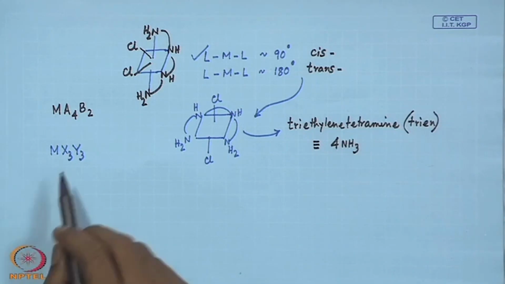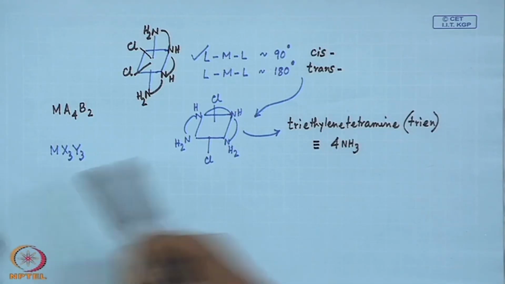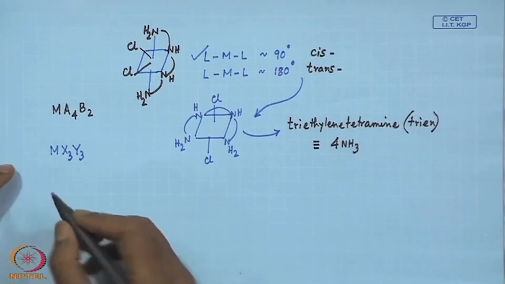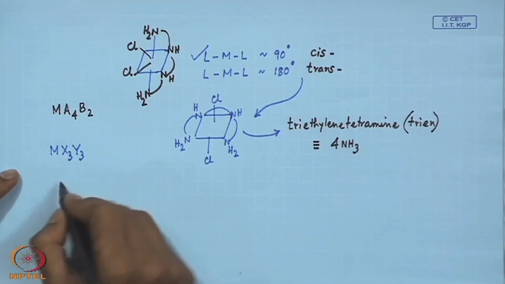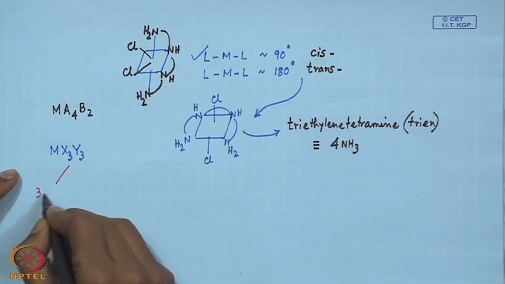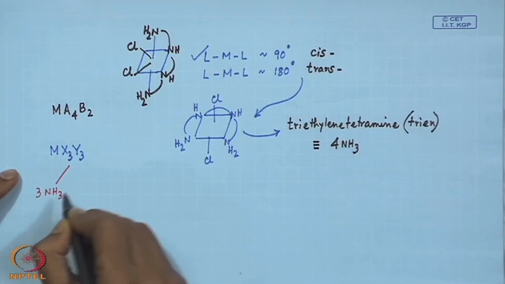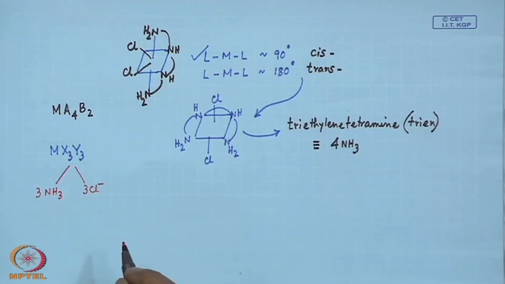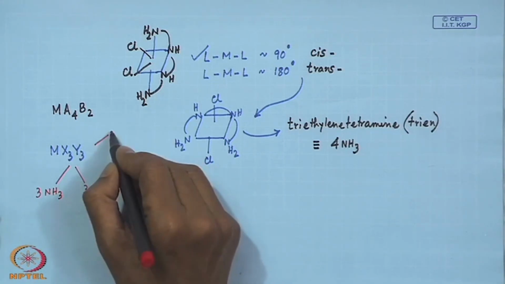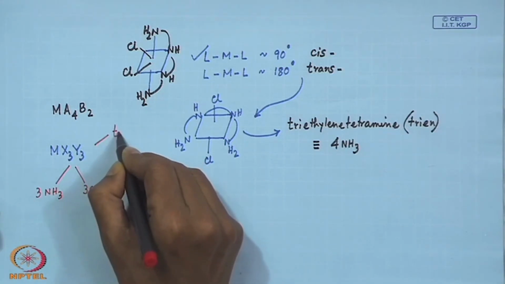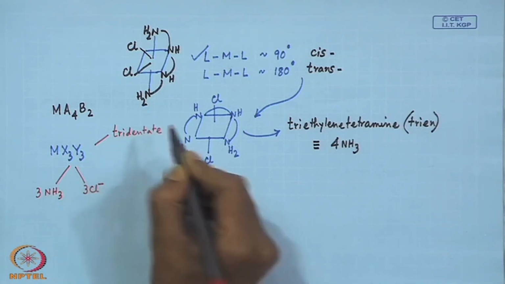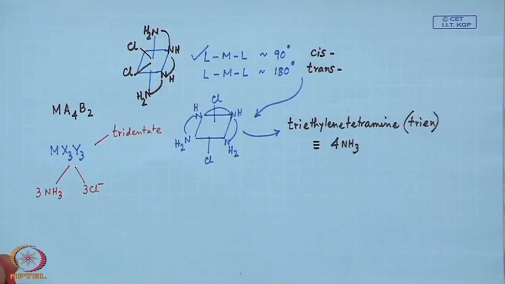Now we see that in this particular case, when we have X and Y, both of them are three, that means either we can talk about three NH3 groups and three chloride groups, or we can have a situation where one is the corresponding tridentate ligand.